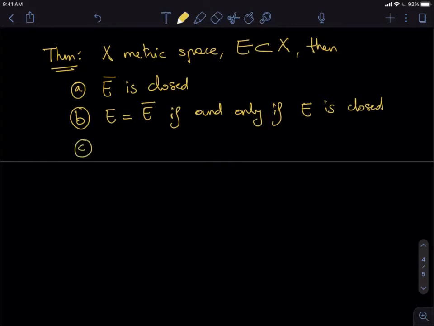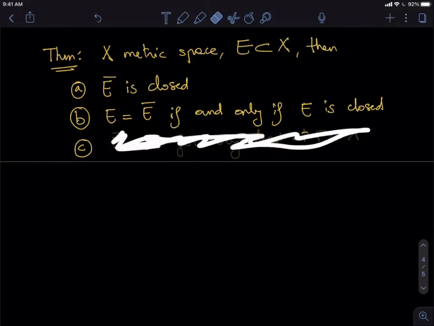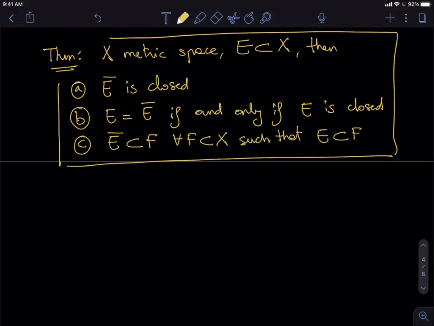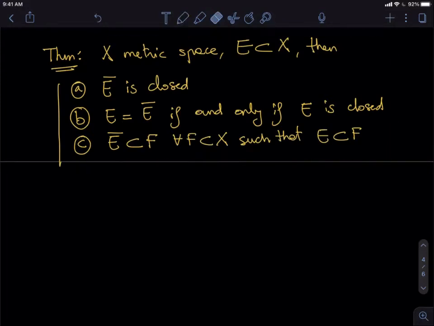And then the third property says that if E is contained in a set F, and this happens for every closed set F in X, then the closure is a subset of every closed set F contained in X that contains E. Oh, wait, I'm forgetting something important.